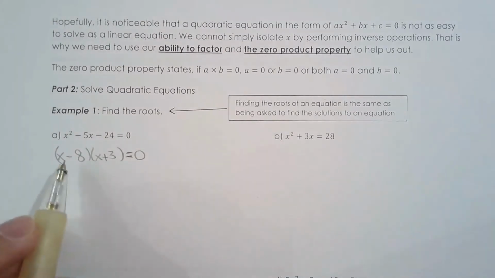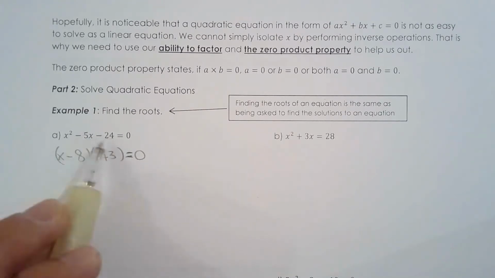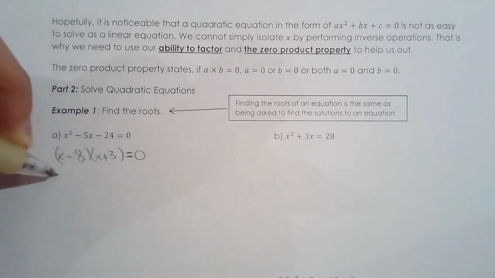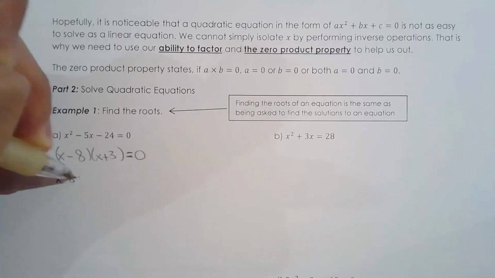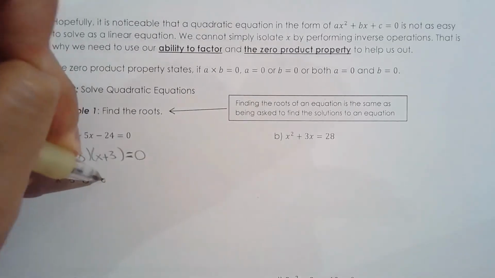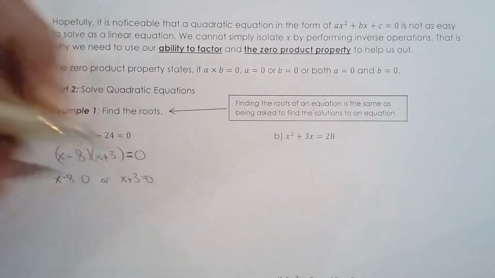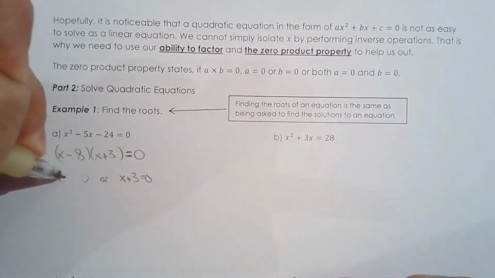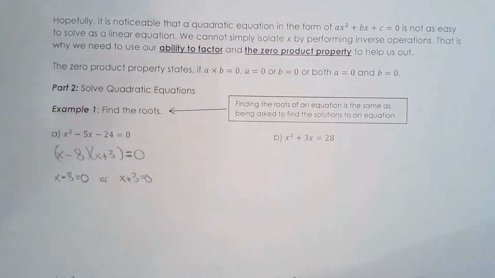Now you can apply the zero product property. When is the left side equal to 0? I can answer the question now. I couldn't answer it previously in the first line, but now I can tell you exactly when the left side is equal to 0. The left side is equal to 0 when either of these factors is 0, based on the zero product property. So I can set each factor equal to 0: x minus 8 and x plus 3 equal 0.